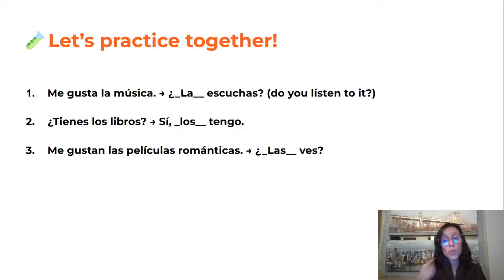Okay, this is the way the verb gustar and direct object pronouns are going to work together, to keep talking about the same thing, the same object, but never all together in the same clause, in the same sentence. No, never.